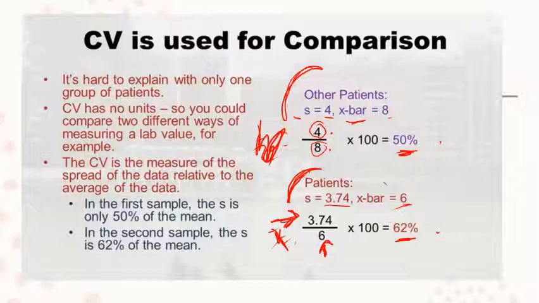When you have something like this, it basically means that it's less stable than this one. Given that it's a little bit higher in comparison, it means the data is a little bit more spread out in the one with the larger proportion.